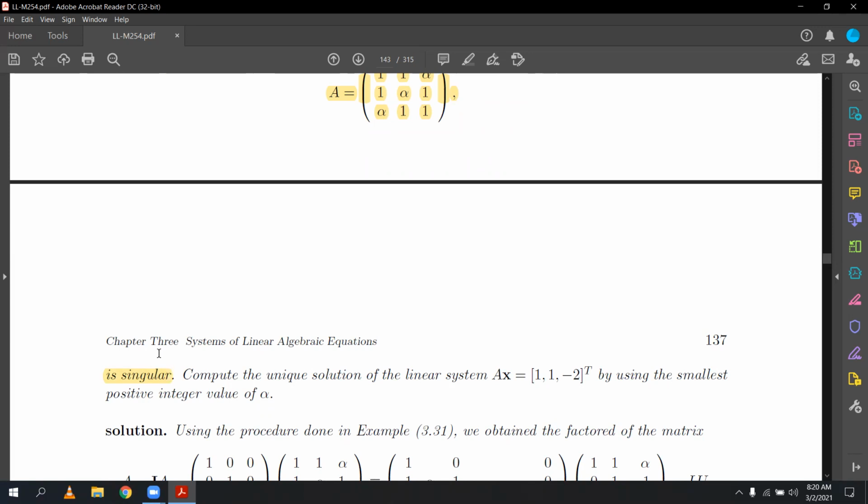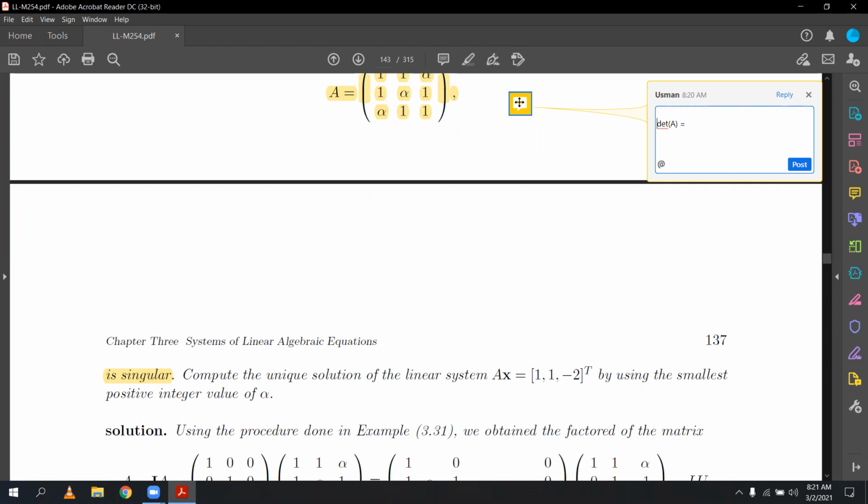What is the determinant of A, please? In the case of the Doolittle method, I told you the determinant of A is always equal to the determinant of U. Can you tell me what is the determinant of A in the case of the Crout method?